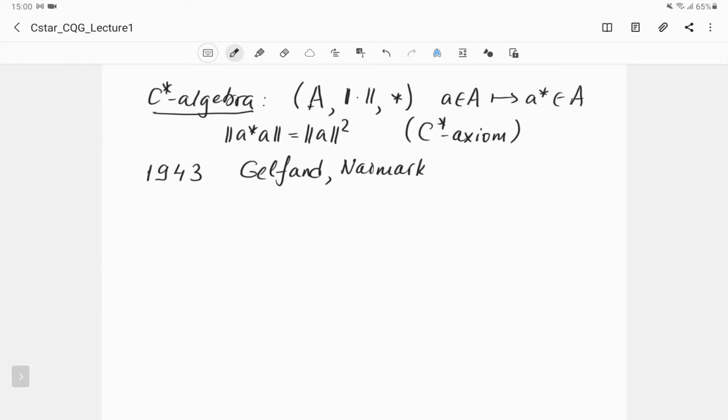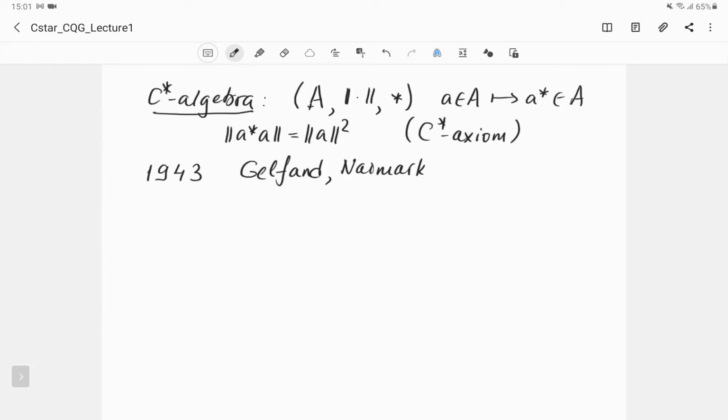Nowadays, the theory of C-star algebras has many applications, not only in representation theory, but also in many other fields of mathematics, such as, for example, operator theory, harmonic analysis, dynamics, algebraic topology, K-theory, index theory of differential operators, non-commutative geometry, and quantum group theory.